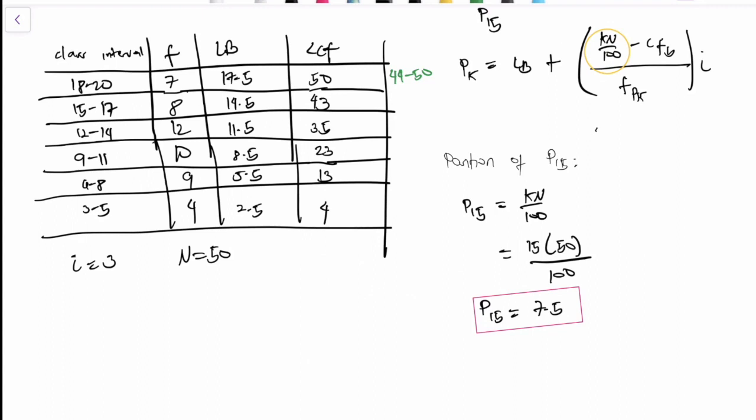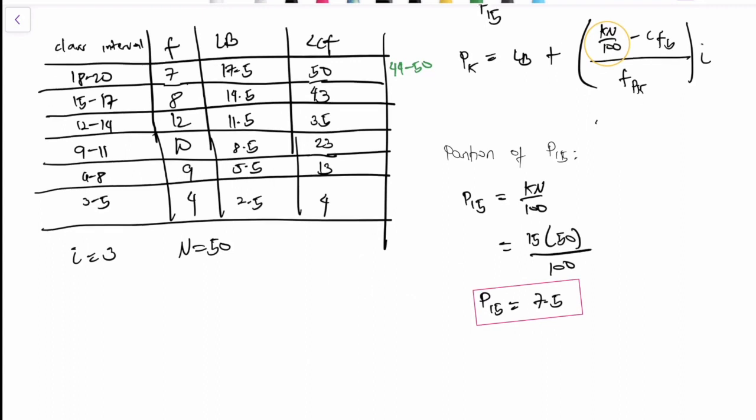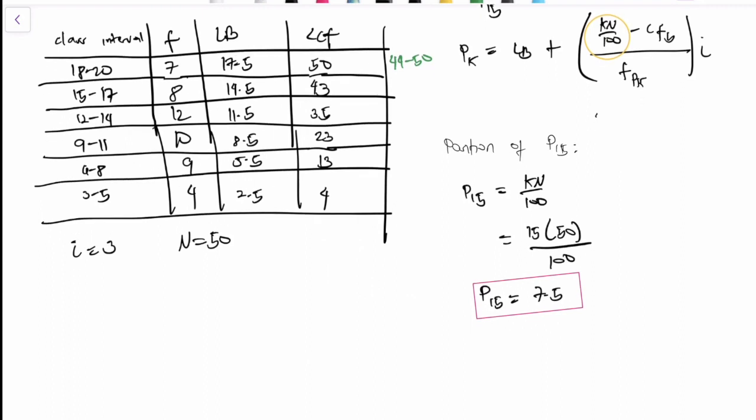So in the 18 to 20 class interval, we start at 44. The same goes for the 15 to 17 interval: below it we have 35, so here it will start with 36 and end with 43.